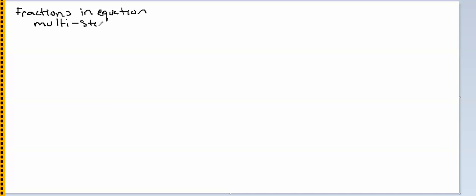Okay, so I am actually going to show in this video how to do fractions inside of your equations. So we're going to have fractions in equations, and these equations have multi-steps. There's quite a few steps mixed with fractions.